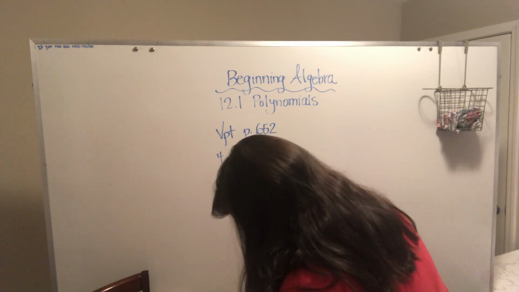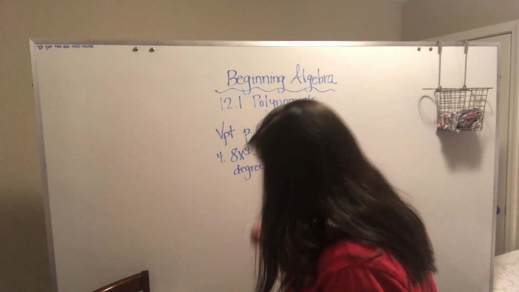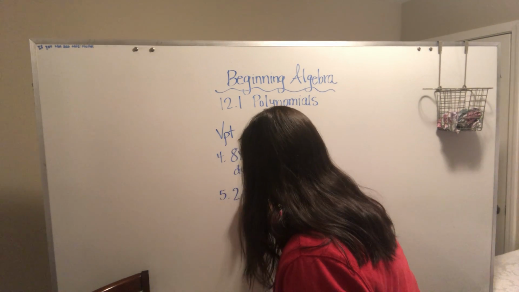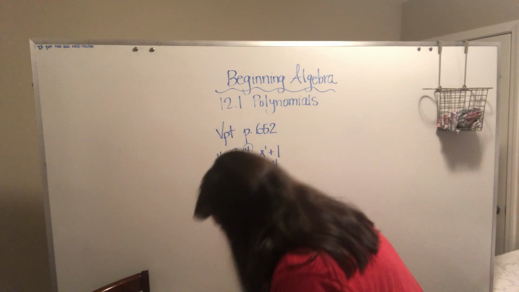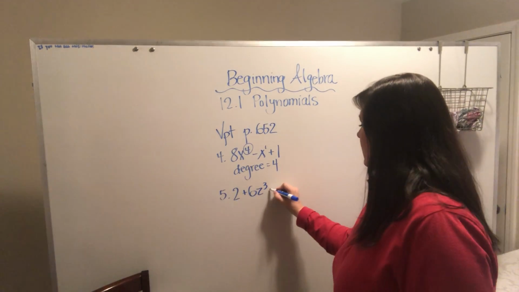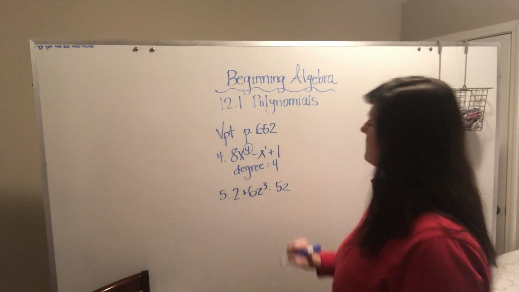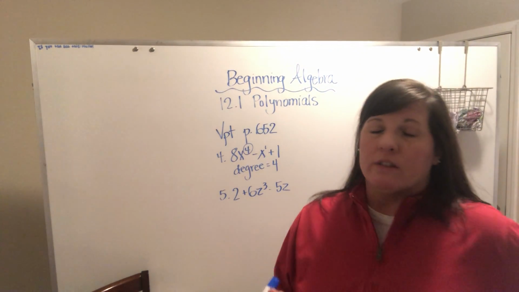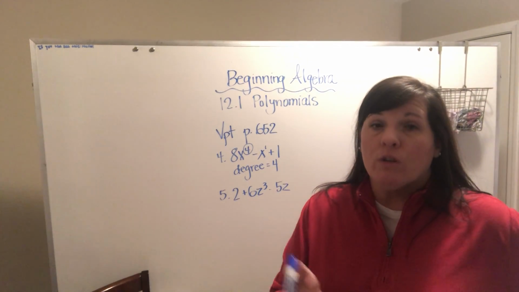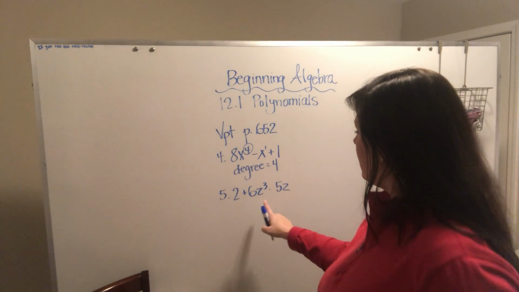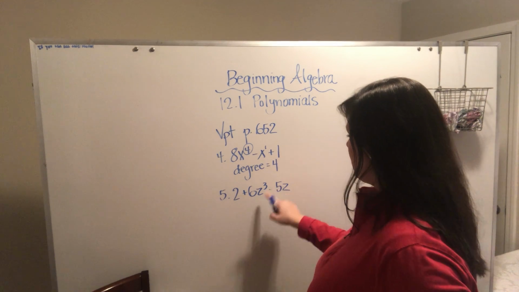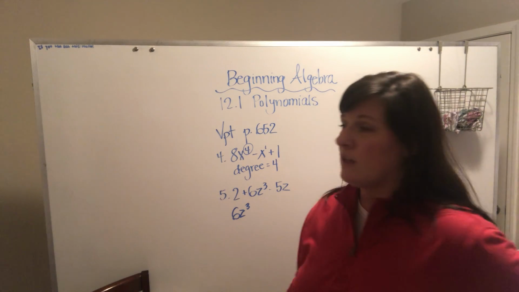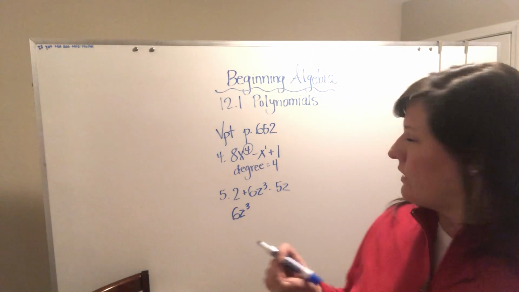For number 5, I'm just going to talk through it. What you should recognize, actually I'm going to show you this, 2 plus 6z cubed minus 5z. A good algebra student recognizes when we have polynomials, we write them in order, and this is why you have to learn the degree. You write them in order of descending degrees. So we start with the biggest degree, and this term, 6z cubed, has the greatest exponential value.